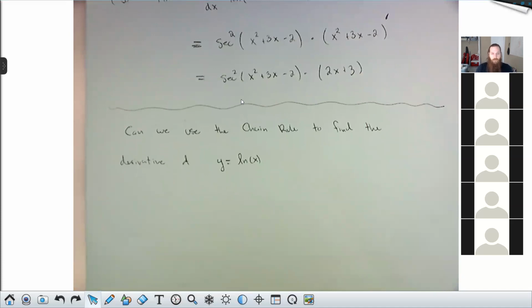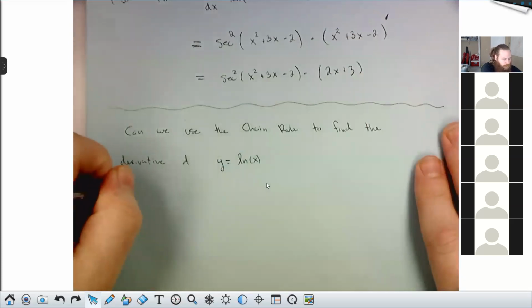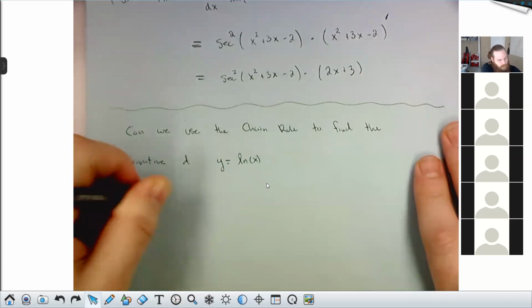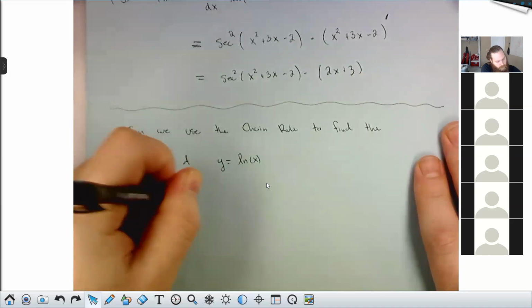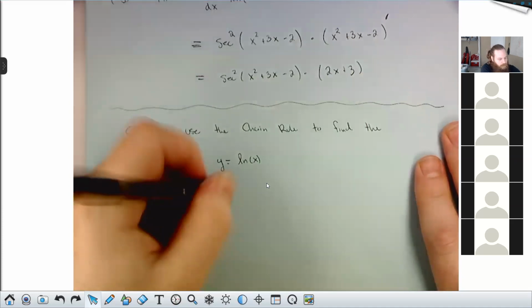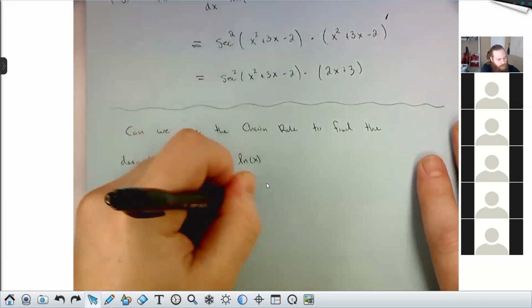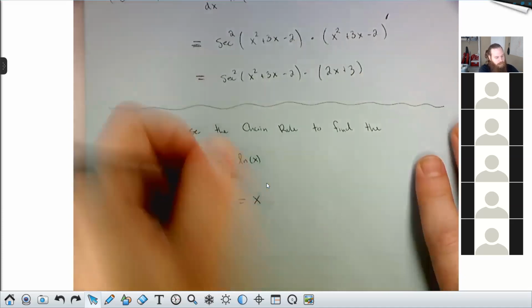There's a challenge here, of course: right out of the gate, I have no idea what the derivative of ln x is, but we can rewrite this as e to the y equals x.